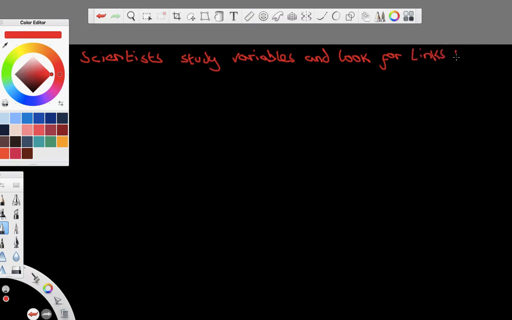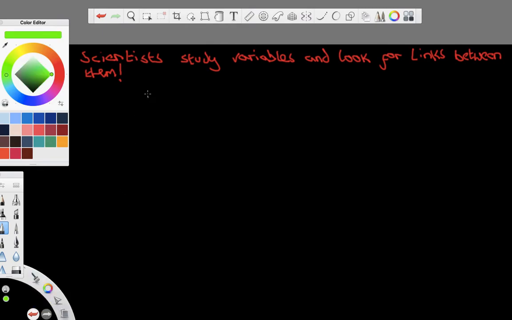Essentially, the job of a scientist is they look at variables, things that can change on their own, and they try to see which is affecting which. How are variables affecting each other?